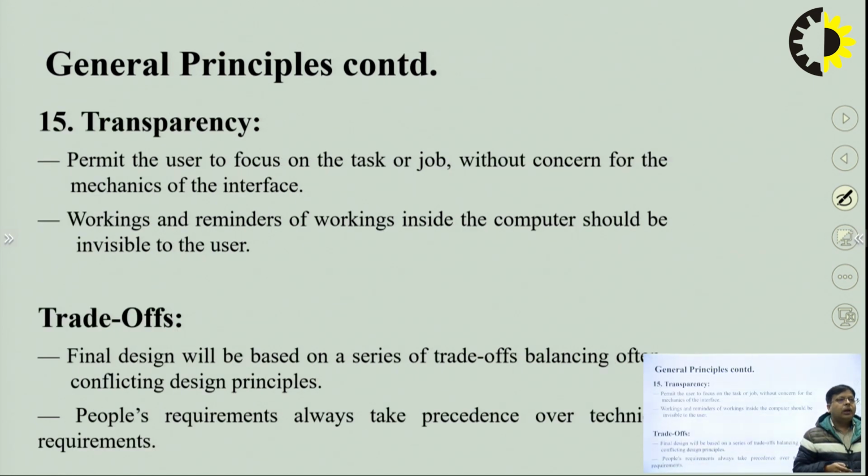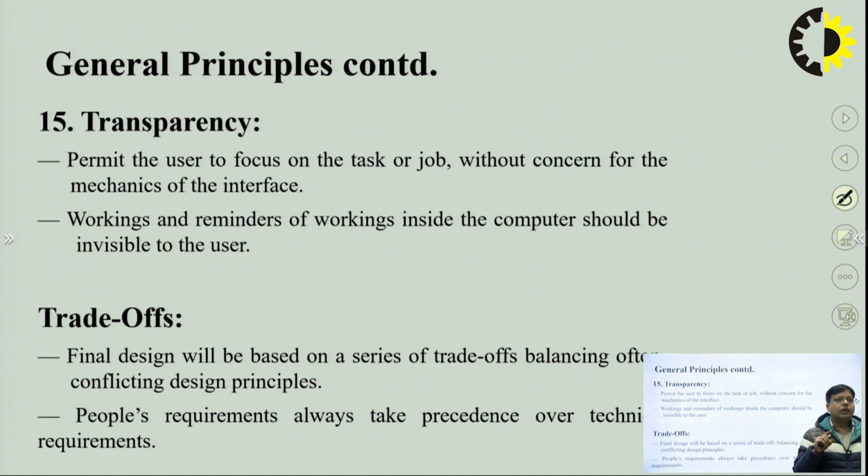And the 15th principle is transparency. It means the interface should be designed so that the user can focus on their task, right? There should be abstraction. The user should not bother about what is going on in the background, right? So without concern for the mechanism of the interface, the user should be able to perform their task easily, right?